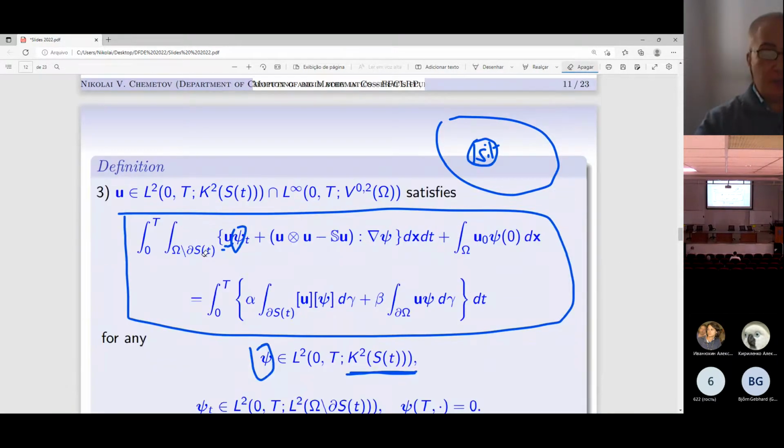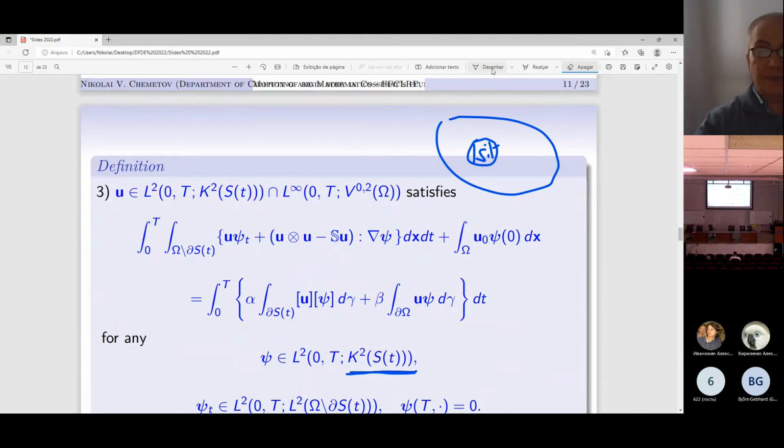As a consequence, the time derivative of psi and the gradient of psi on the boundary of the solid are not well defined. In fact, they don't exist. They have a jump on the surface of the domain. For this reason, in this formulation, we have integration just over the whole domain omega, excluding the boundary of the body.